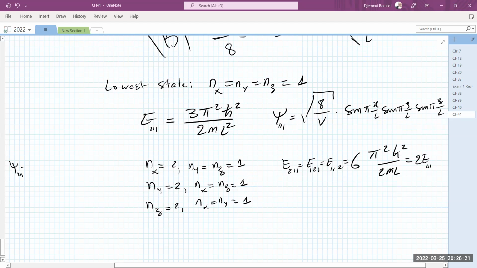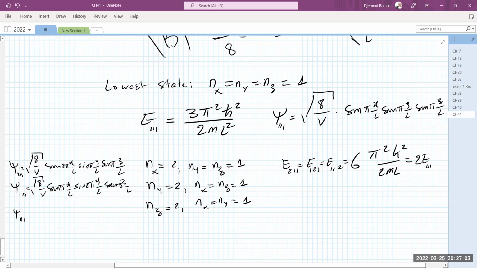The first one is psi 211, and that is equal to the square root of 8 over V times sine of 2 pi x over L times sine of pi y over L times sine of pi z over L, and this is clearly not the same thing as psi 121, which is the square root of 8 over V times sine of pi x over L sine of 2 pi y over L sine of pi z over L. And this one is not the same as psi 112, which is the square root of 8 over V sine of pi x over L sine of pi y over L times sine of 2 pi z over L.